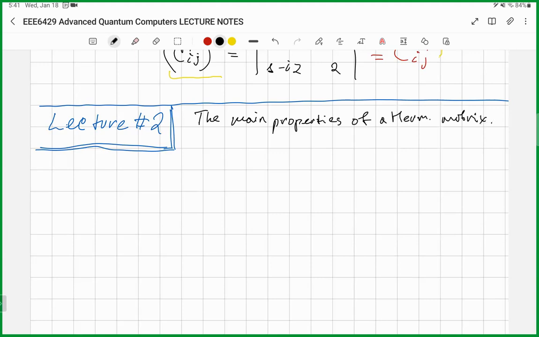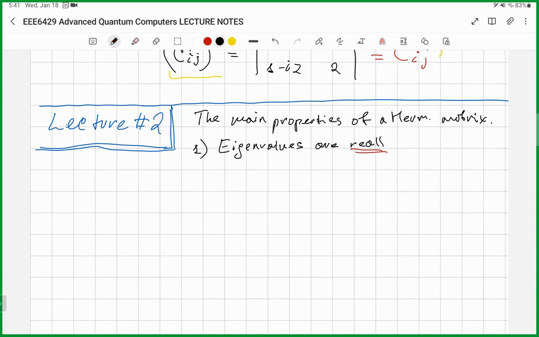By the way, do you have any questions regarding this part? Okay, if not, the first property of a Hermitian matrix is that eigenvalues are real. Let's underline this because it is very important.